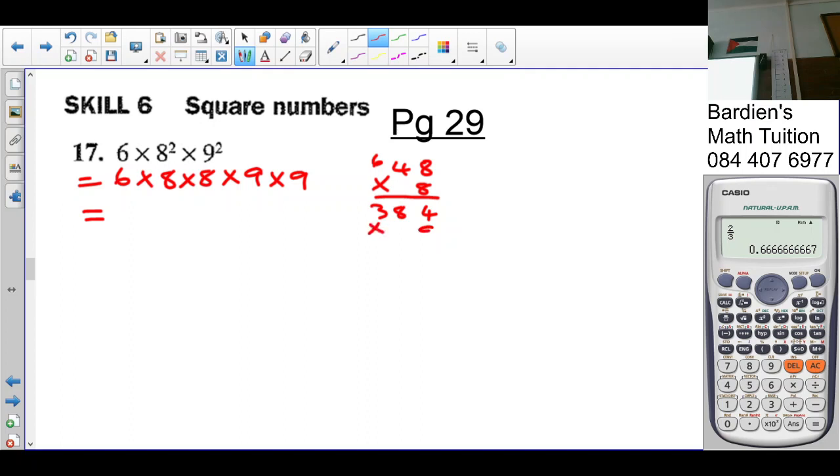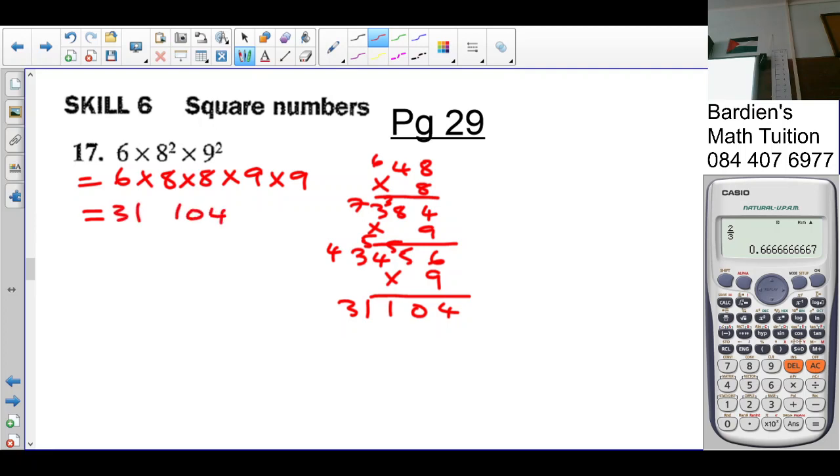Now we multiply it by 9, it's going to be 36, 72, 75, that's 27, 34, times 9, it's going to give you 54, 45, 50, 4 times 9 is 36, 41, 27, 31. What did I tell you what the answer was? 31,000. Is it the same? 31,104. Where did you go wrong, Michael?